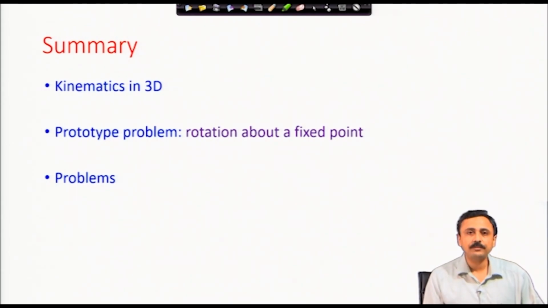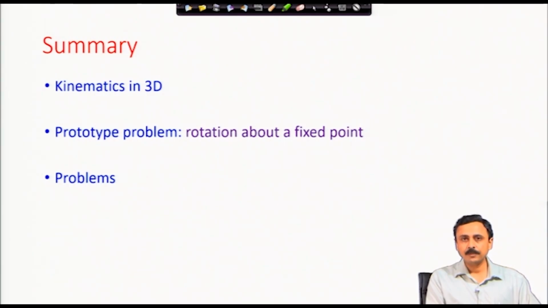To summarize, we have discussed the kinematics in 3 dimensions, we looked at the prototype problem, and whatever examples we have discussed, they all fall under that prototype system, which is an axisymmetric body rotating about a fixed point. You should remember how the frames were constructed. There is of course no single way to construct the frames, but we have taken problems in which we have constructed frames in different ways.